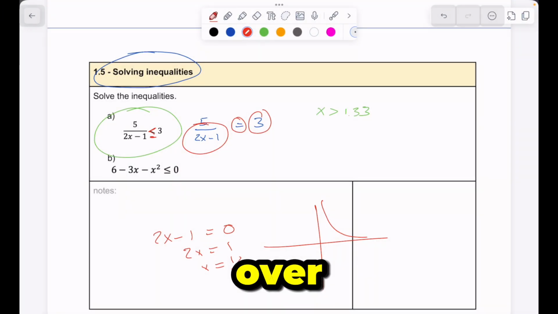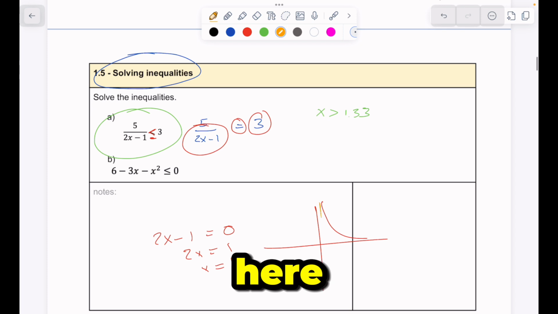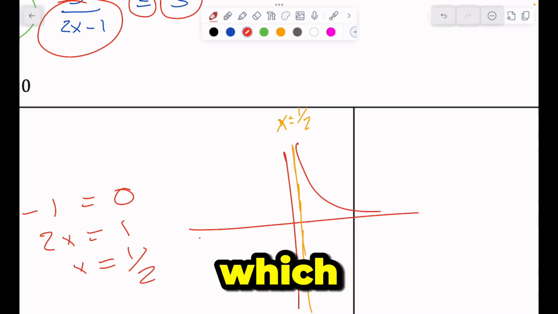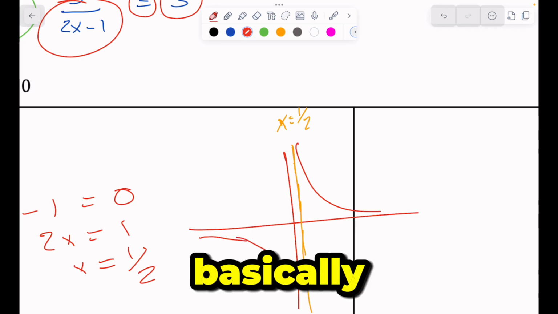So if we go back over to the sketch, if I drew a yellow line here, that means this value here, x is equal to a half, and then we have our function, our graph, which is basically doing this.